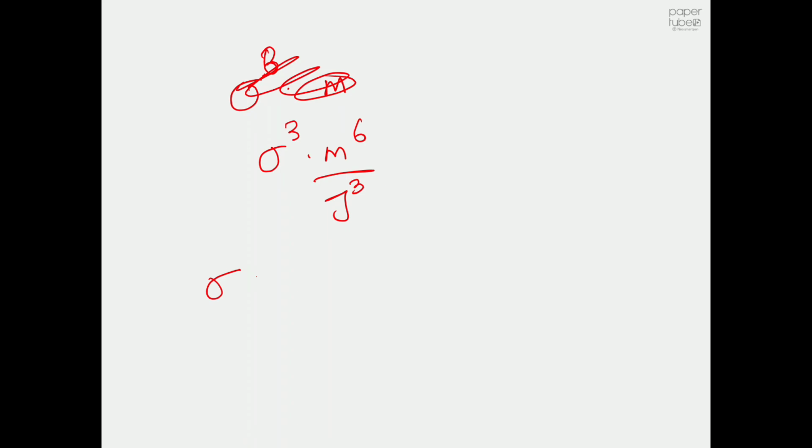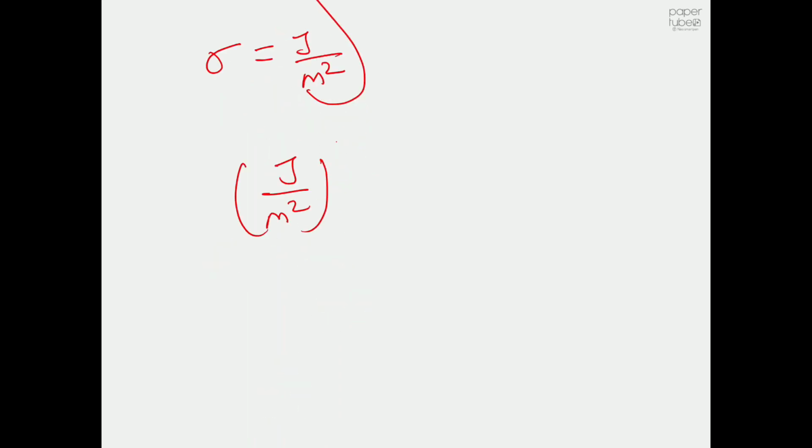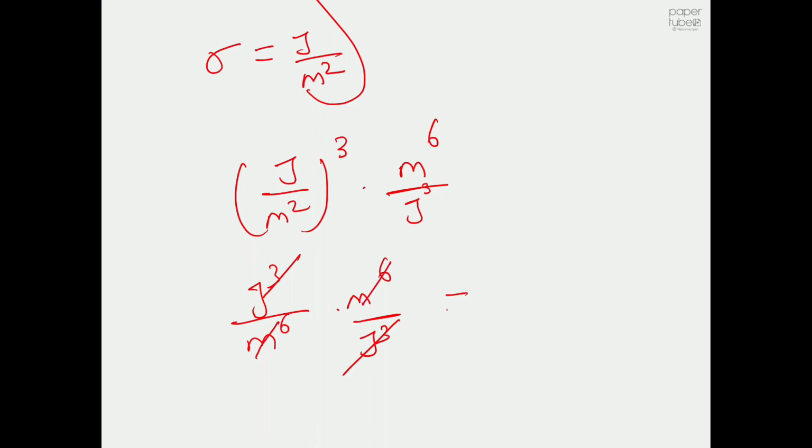When sigma unit is joules per meter square, if you substitute this value here, joules per meter square raised to the power of 3, times meter raised to the power of 6, divided by joules raised to the power of 3, the joules cube and meter 6 get cancelled, so it becomes a dimensionless quantity. So the unit of your surface energy is just joules per meter square.